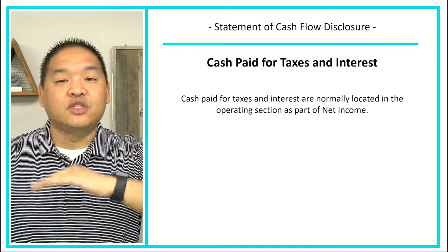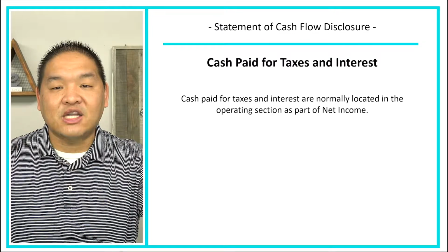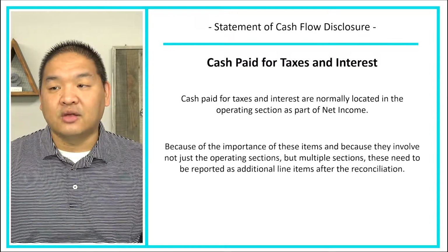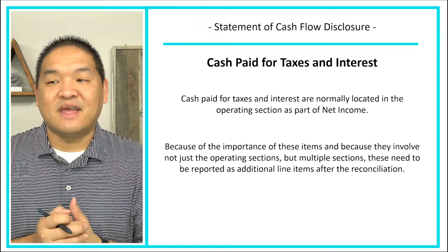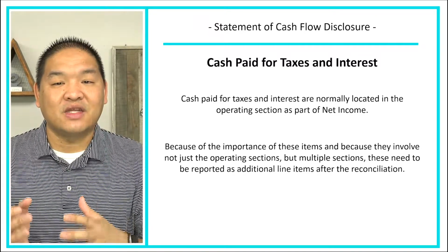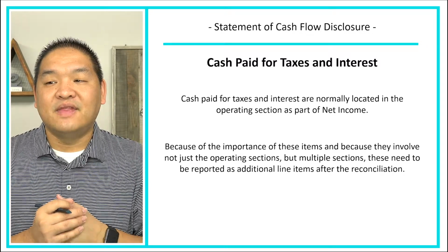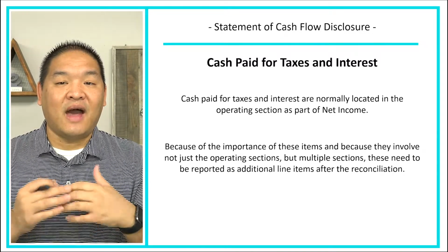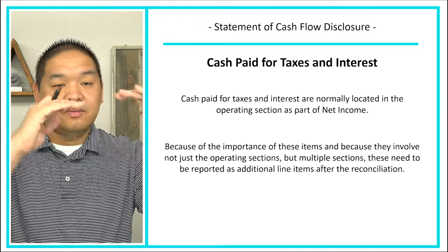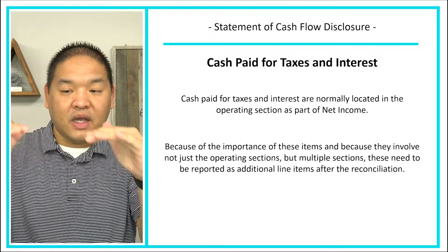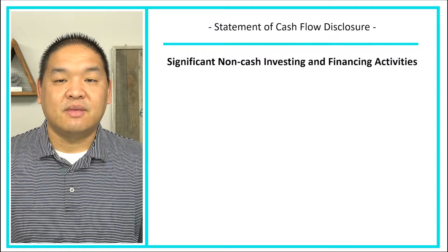We just leave it, and we put another disclosure saying cash paid for taxes, X dollars, cash paid for interest, X dollars. Because of the importance of these items to investors, and because they involve really all sections of the statement of cash flows, these need to be reported as an additional line item after the reconciliation. So all you're doing is putting a line, taxes paid, interest paid, and we're done. Okay, so that's one disclosure you're going to need to make on the statement of cash flows.